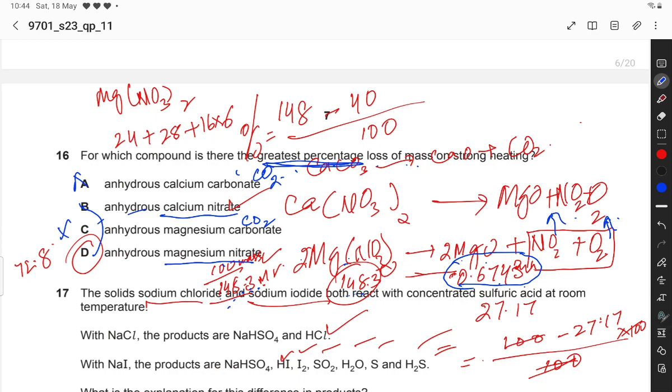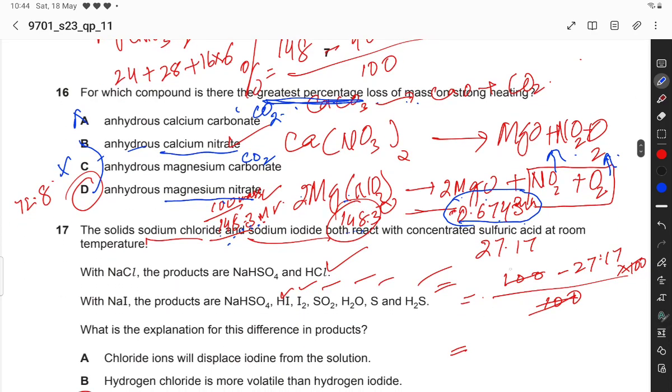So if we have 100, the mass is 100 minus 27.17, and the total mass is 100%. If we subtract 27.17 mass from the 100, this is cancelled with this, and the mass is 72.8.